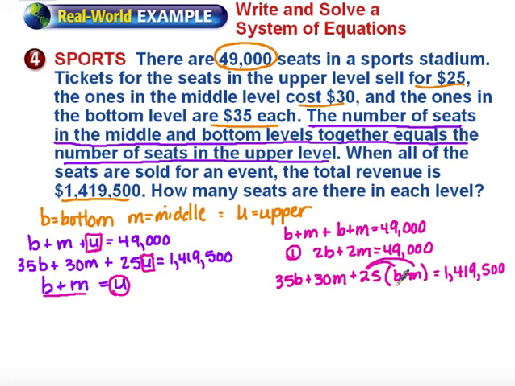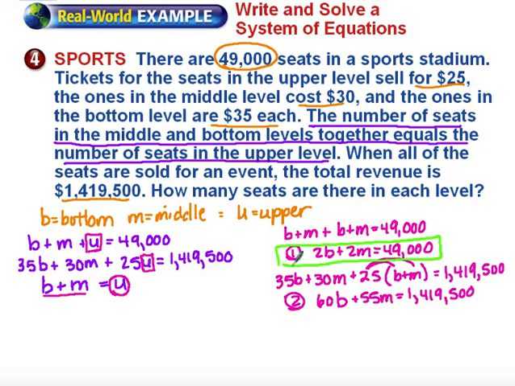So if I have 25 b's here and 35 b's here, I have 60 b's altogether. I have 25 m's and 30 m's give me 55 m's for the total of 1,419,500. And this gives me equation 2. So these are my two equations I'm working with, equation 1 and equation 2.